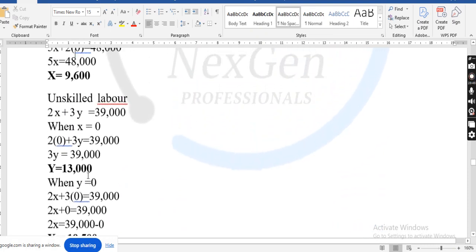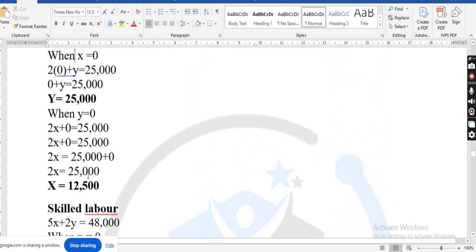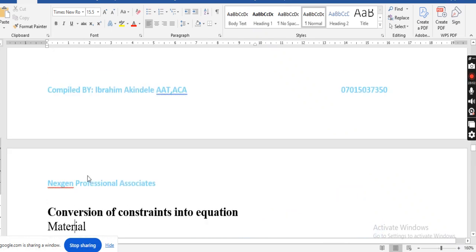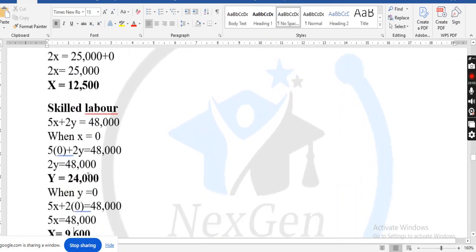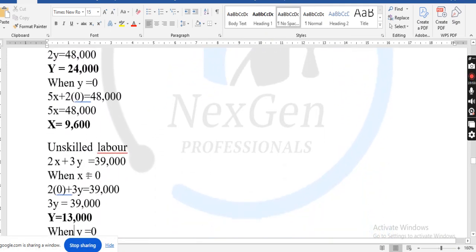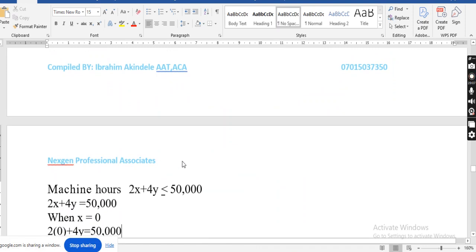Class, listen, for the purpose of the exam, you just pick from the constraints, because when I checked, I discovered that most times ICAN will not tell you to plot the graph for the optimal production plan, but ICAN will tell you to determine the optimal production plan using linear programming.